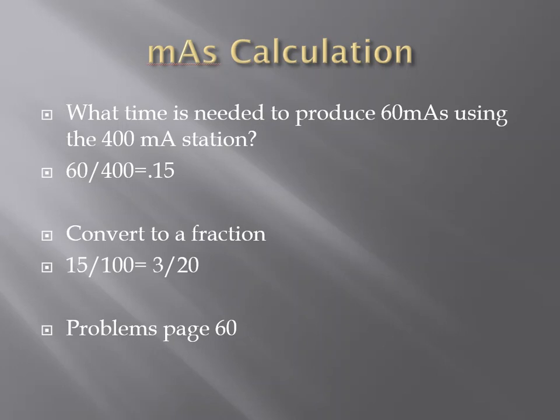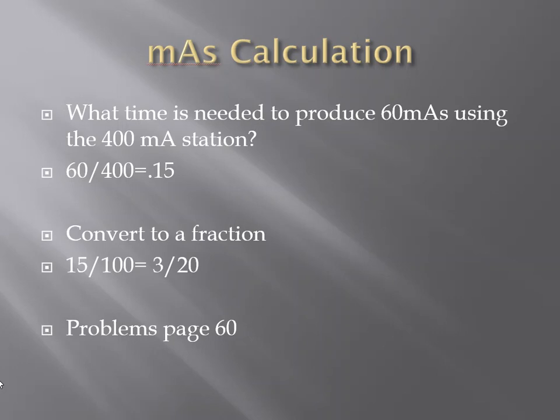So it would be essentially 600 divided by 30, and you should have 20 mass. And then if you look at number 4, you have 200 MA times 3/10 of a second. Now what you would do is multiply the 200 by 3 and then divide that by 10. And what you would have is 600 divided by 10, and that would give you 60 mass.